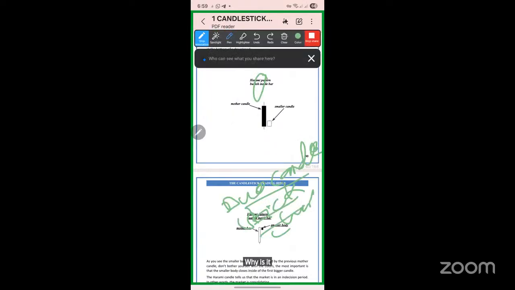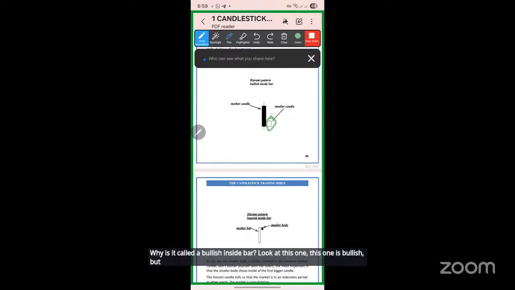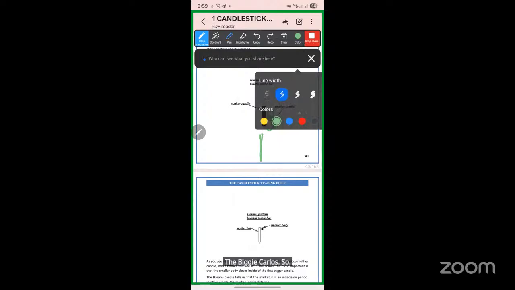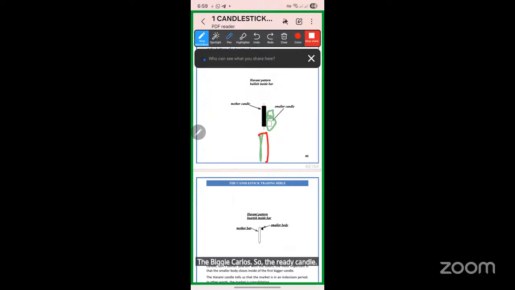So you have the harami pattern, which is the bearish inside bar. The other one, this one you have seen here, is a bullish inside bar. Why is it called a bullish inside bar? This one is bullish, but it is formed inside the big candle. The red candle forms first, the mother candle is bigger, then we form a small bullish candle.